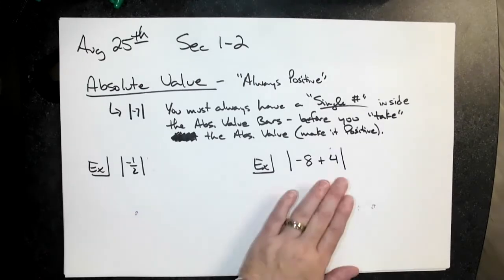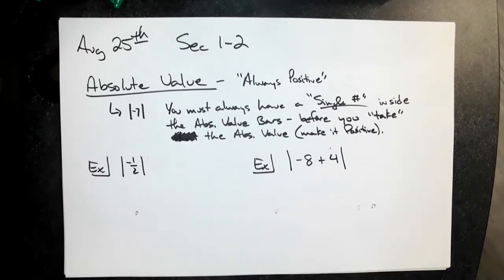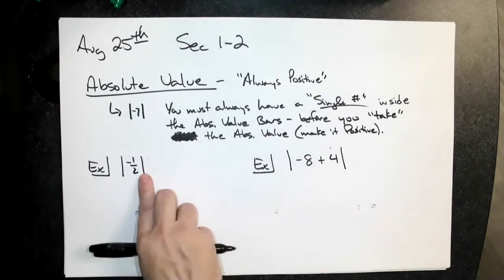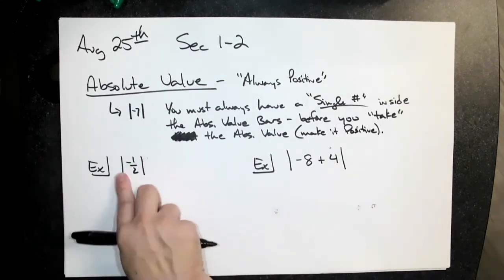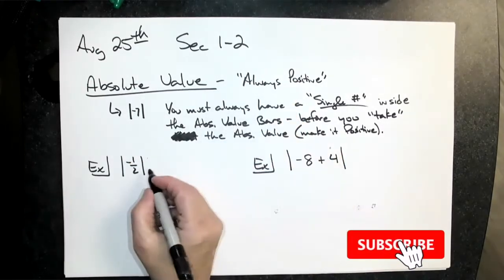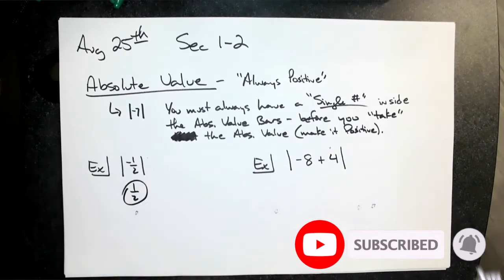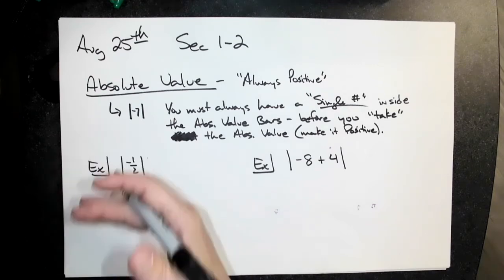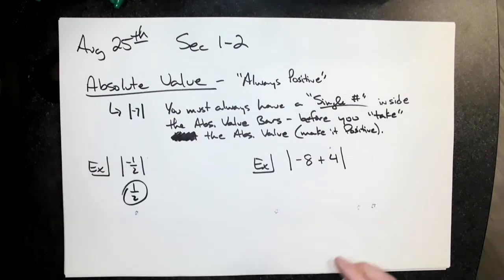All right, that is not a single number. So it's almost like order of operations. You got to work out the stuff on the inside first. This one, since it is a single number, I can just go, okay, absolute value of -1/2 is always positive. So answer is 1/2. Take the negative away because it's got to be positive, representing that distance away from zero, and you drop the bars. When you take the absolute value, you drop those bars.